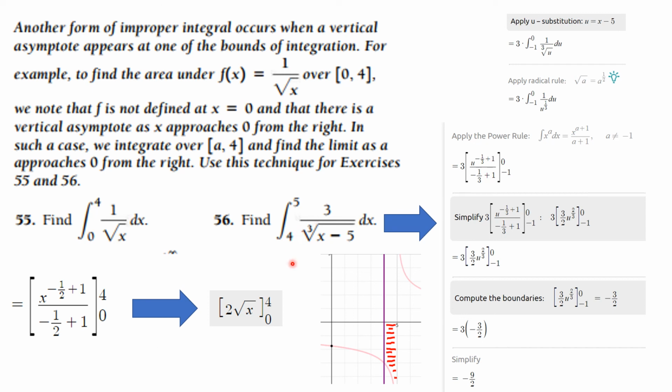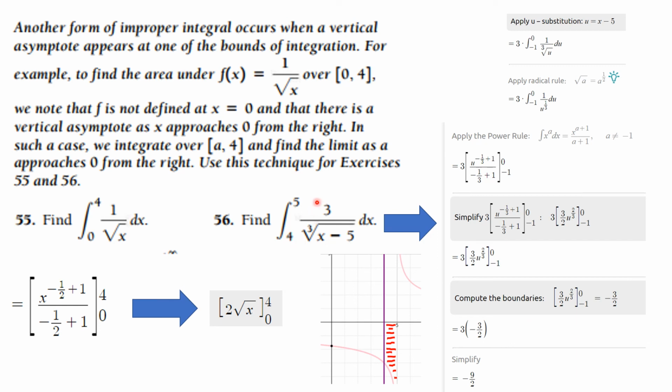Now here's a more complicated one. This one has a singularity at 5. We're going from 4 to 5, but here's the graph, and you see it's going down negative like that. This is x equal 4, then it just keeps going negative, and here's the vertical asymptote that happens at x equal 5. So we're going to calculate this as an improper integral using this.